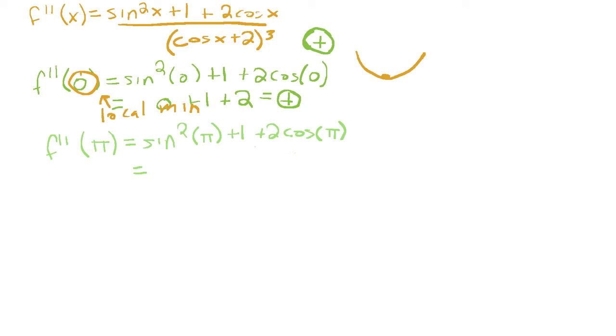So this time I have 1 minus 2, so this guy is going to be negative, which basically means that you have a critical point, and right there at the critical point it's concave down, which means that at pi there's going to be a local maximum. And then to find the y value, remember you plug these values into the original function. And that's it.